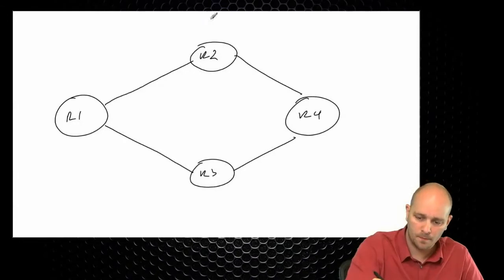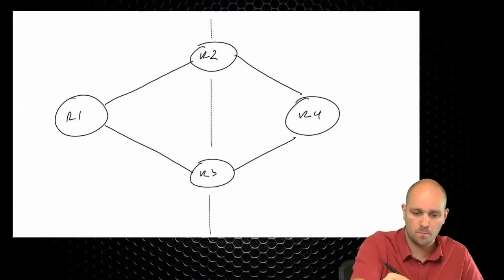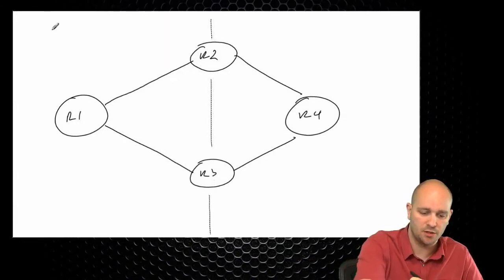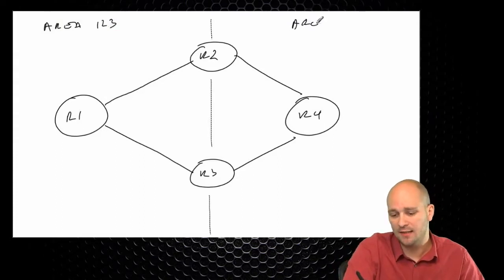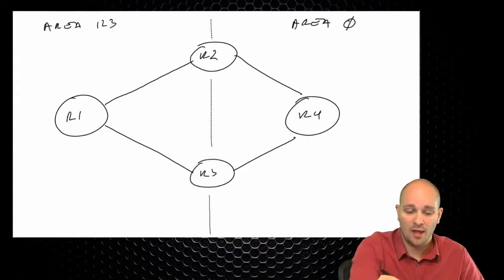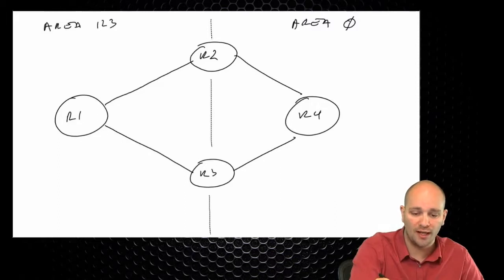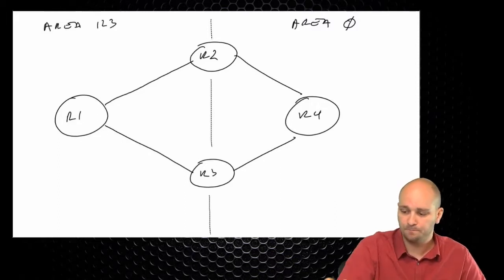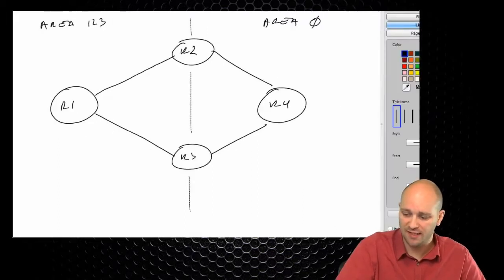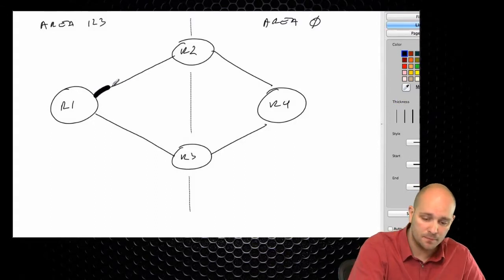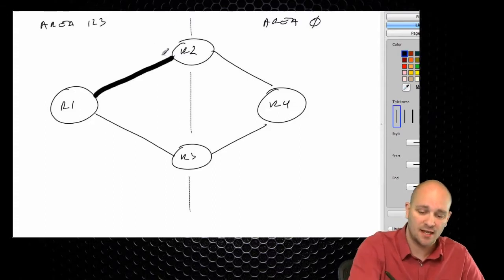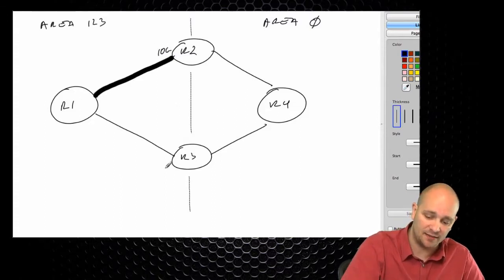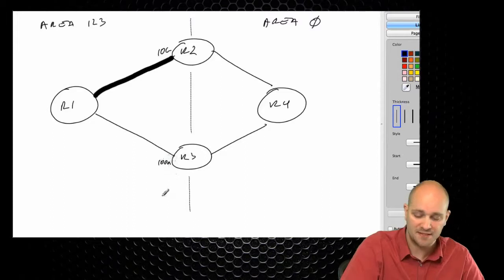Again, this here is going to be area 1, 2, 3, but now this is not an NSSA area, and let's say that this here is area 0. But this time, not all links are of equal cost. So let's say that this link here is slightly higher bandwidth, so that this interface here is, let's say, 10 gigs, and that this interface here is 100 megs.